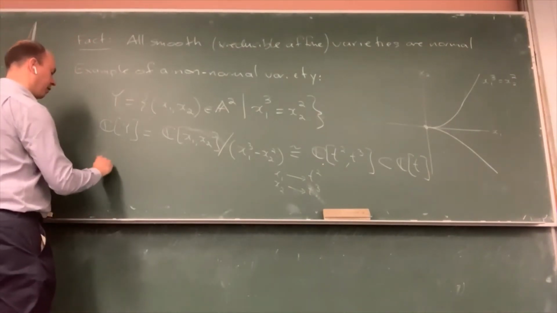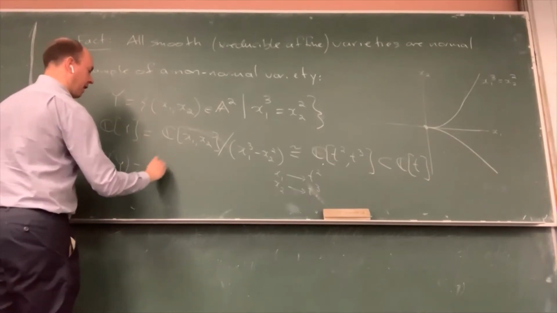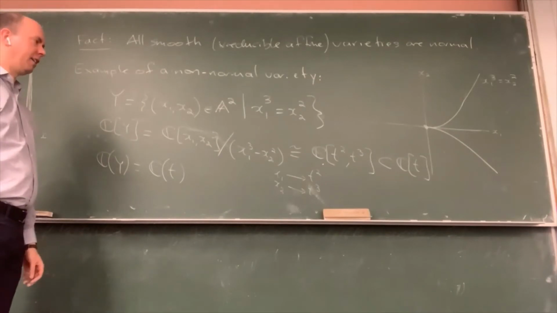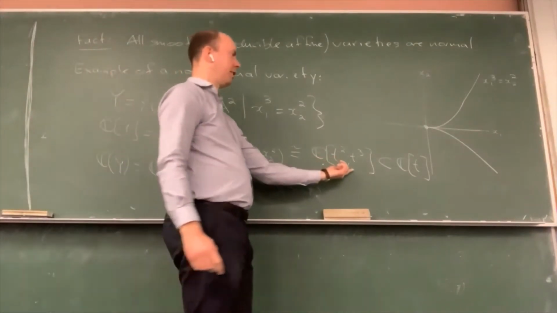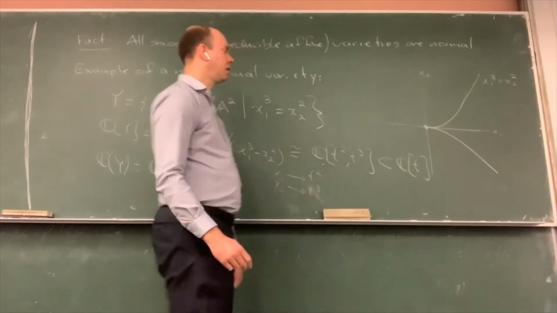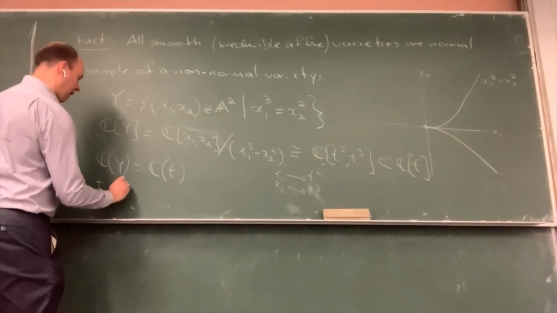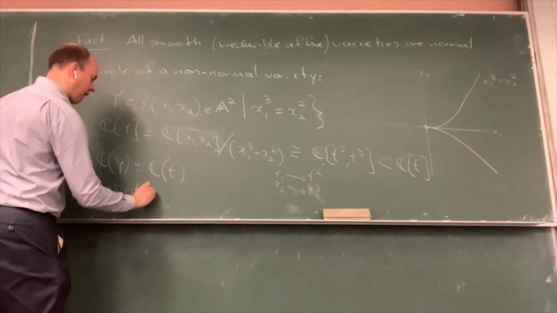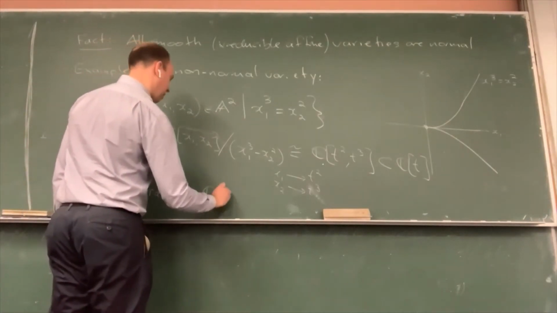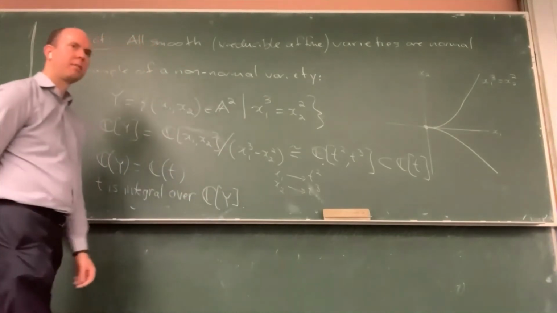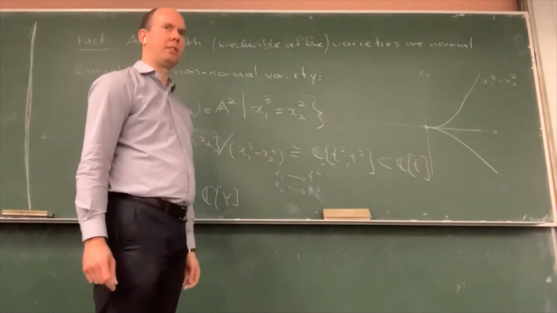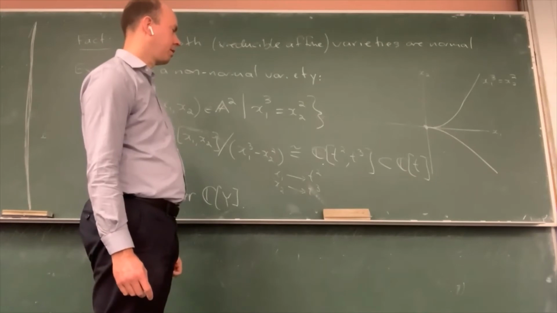So the field of fractions is the field of rational functions in one variable, and the t that's missing from this coordinate algebra is integral over it, but not contained inside it. So this variety fails the normality condition of being integrally closed in its field of fractions.